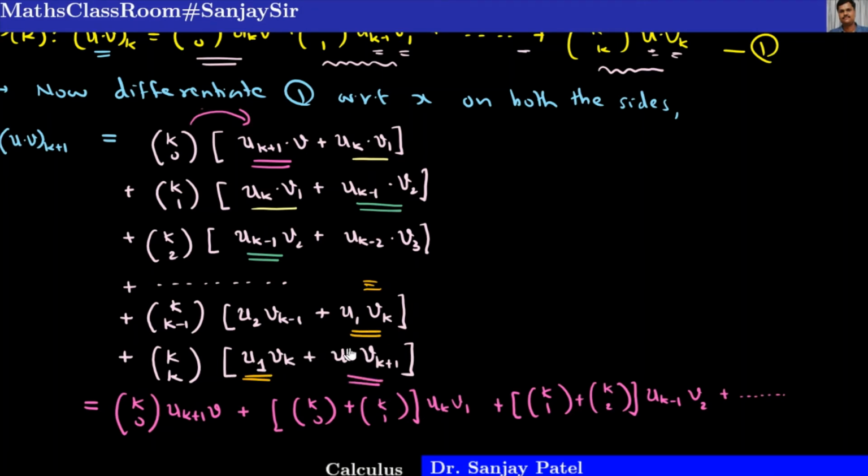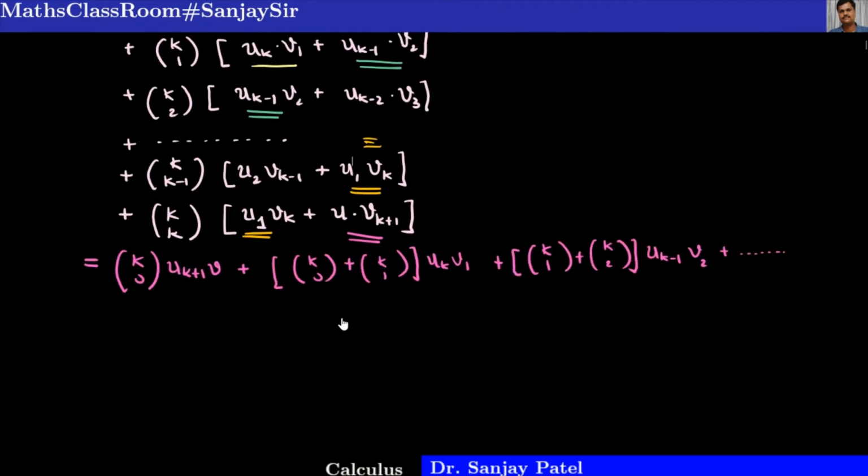So in u1 into vk, which appears at these two places, the coefficients are kck minus 1 and kck. So what we can write here in place of these terms is plus kck minus 1 plus kck into u1 into vk.